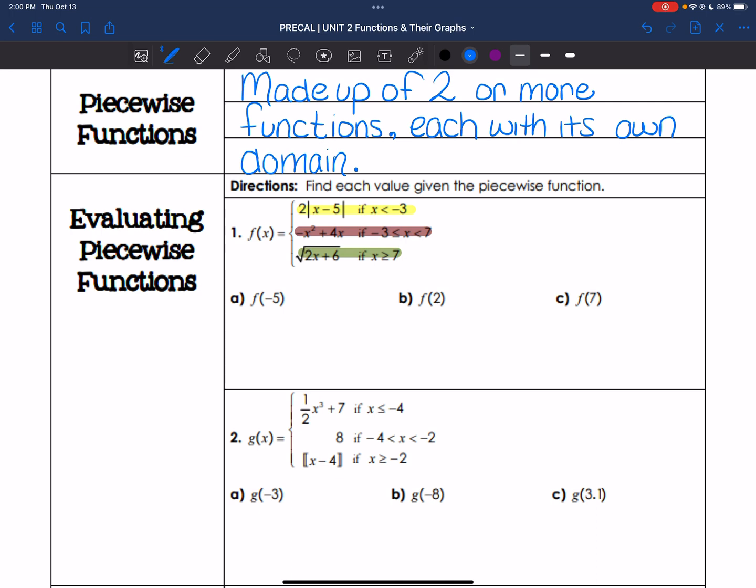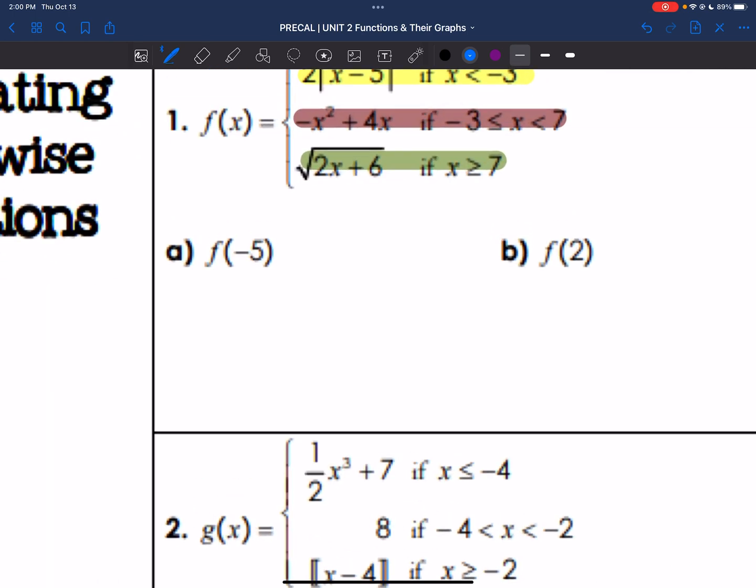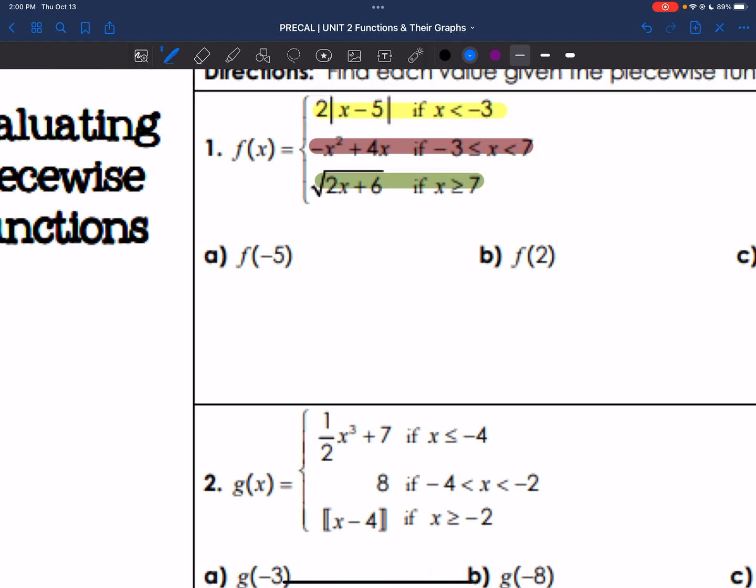The function at -5, we want to evaluate the function at -5. So we need to ask ourselves, well, which piece has -5 in its domain? That's what we want to ask ourselves.